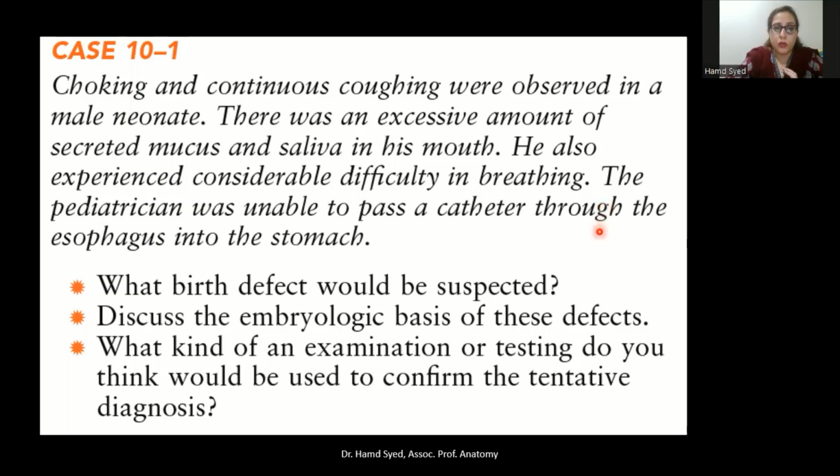The pediatrician was unable to pass a catheter through the esophagus into the stomach. So this is the case presentation in tracheoesophageal fistula. I discussed the embryological basis with you: it is because of incomplete division of the foregut into trachea and esophagus. And for examination, as I showed you, you could do the contrast radiograph to confirm this abnormality.